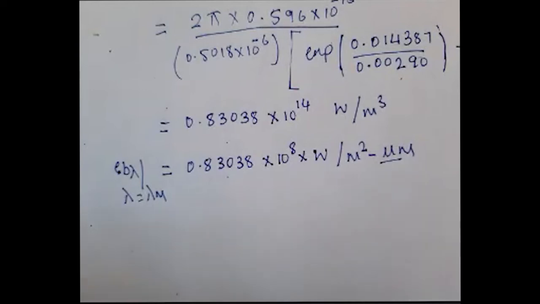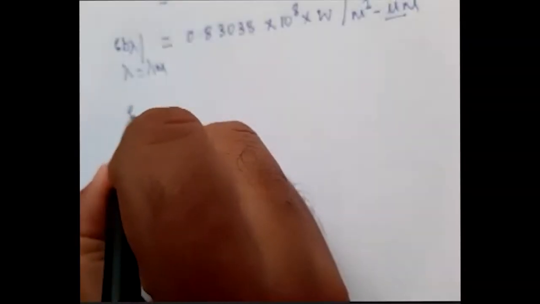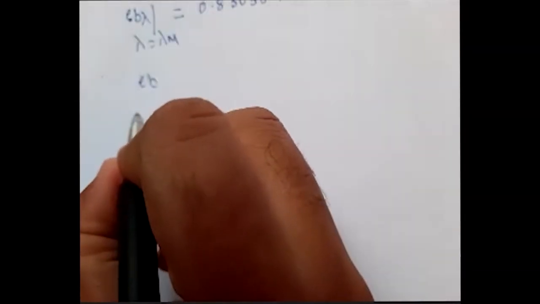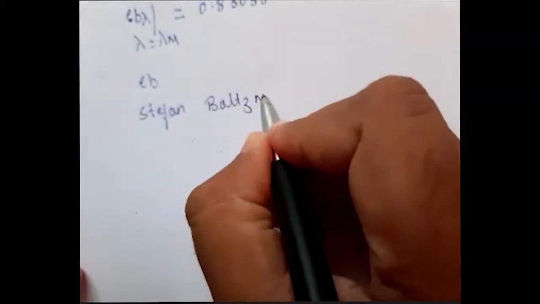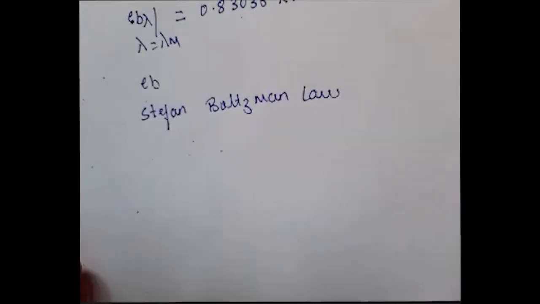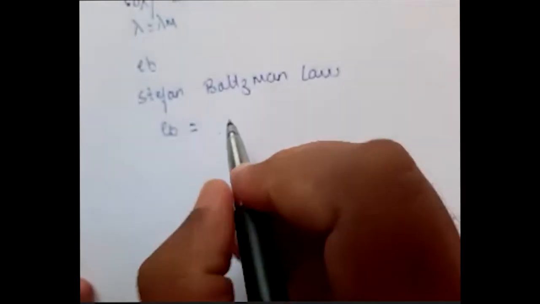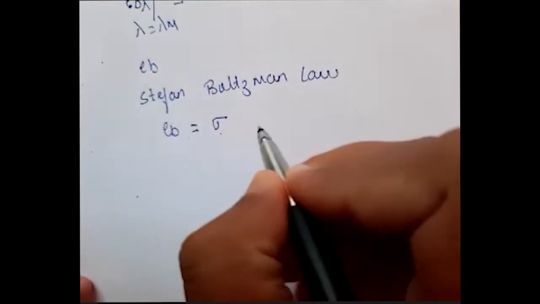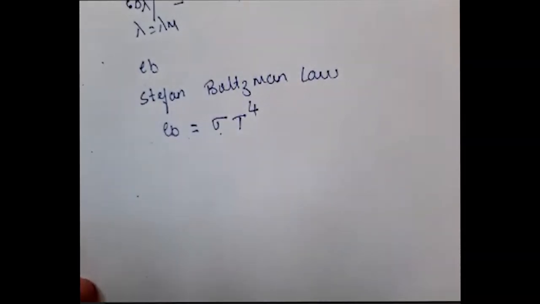Then I have to find out the maximum emissive power, that is EB. EB is given by the Stefan-Boltzmann law. According to the Stefan-Boltzmann law, EB is equal to the Stefan-Boltzmann constant into the absolute temperature raised to 4.